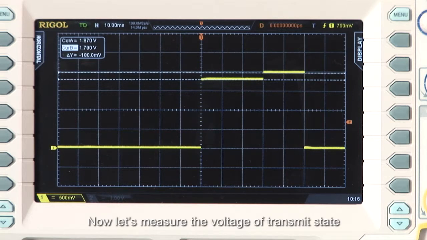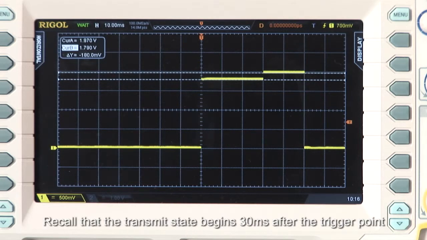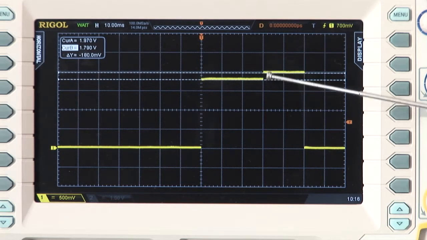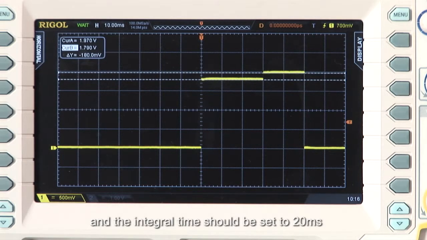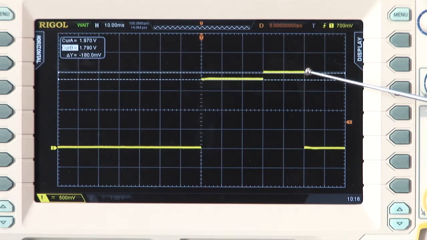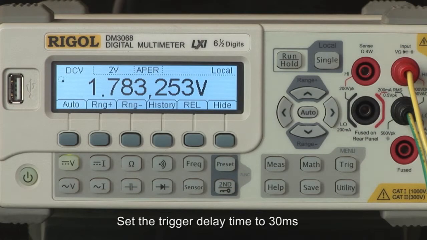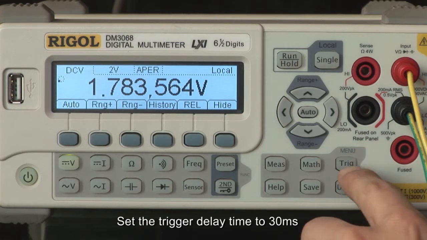Now let's measure the voltage of the transmit state. Recall that the transmit state begins 30 milliseconds after the trigger point, and the integration time should be set to 20 milliseconds. Let's set the trigger delay time to 30 milliseconds.